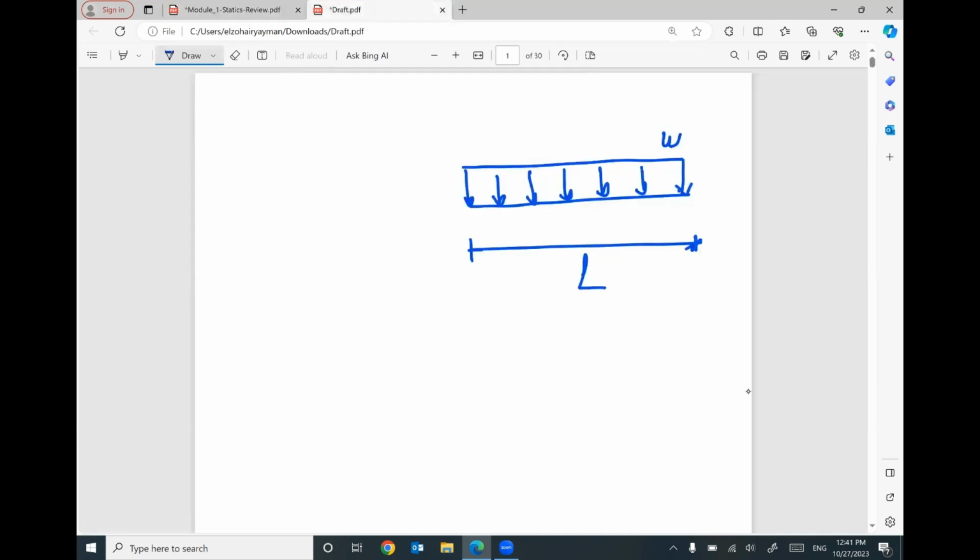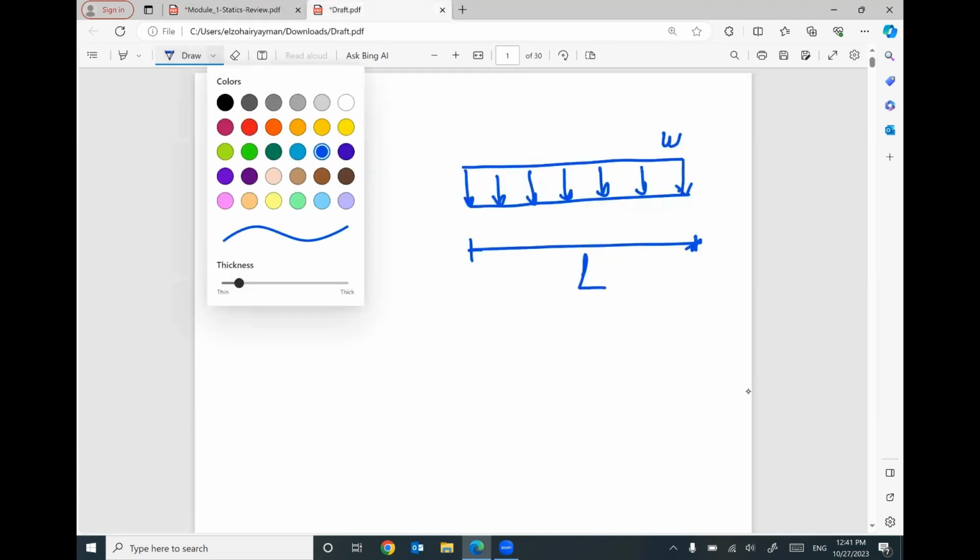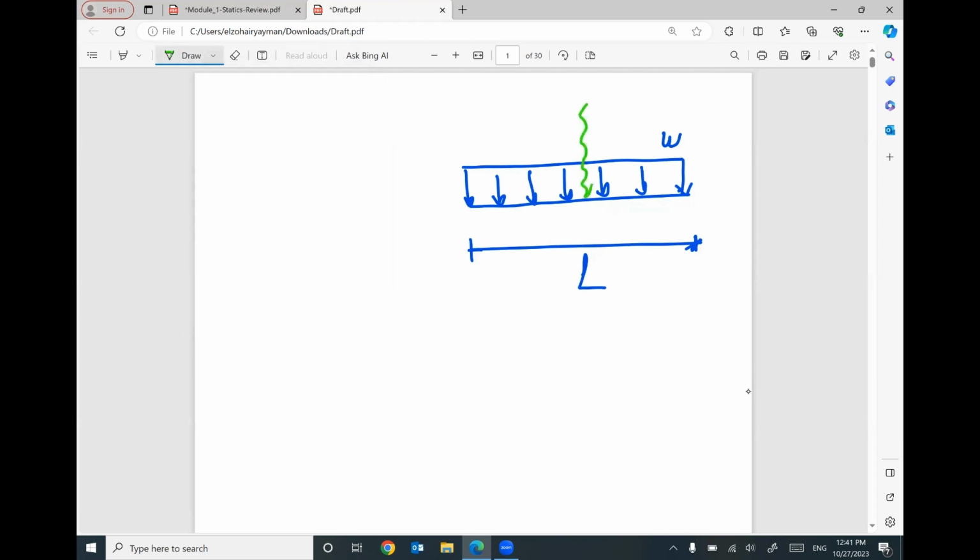What we are going to do with this distributed load, I will convert it to an equivalent point load at the midpoint, the mid distance. This one will be L divided by 2, and this one will be L divided by 2. How much will be the value? The distributed load W multiplied by the total length of the distributed load, capital L. That makes sense?